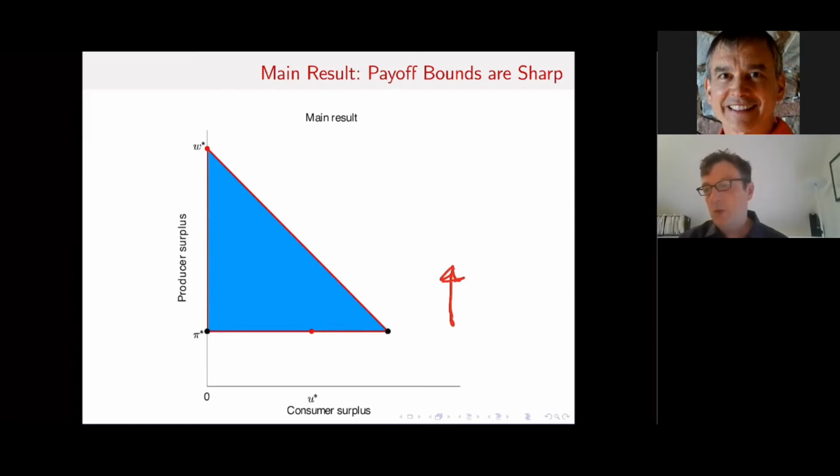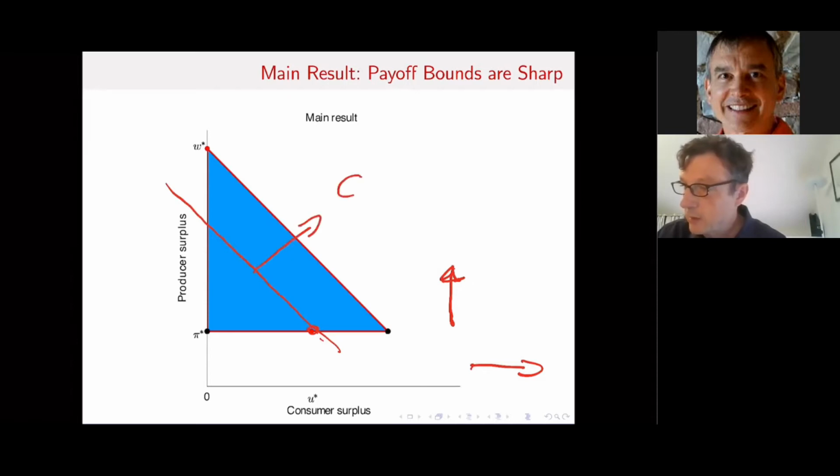And the third question, will it be valuable for society as a whole, that is, for the sum of the producer and the consumer surplus? This gives us this direction for the consumer, and that gives us another direction that comes from a 45-degree line that goes through here, which is the sum of the consumer and the producer surplus.